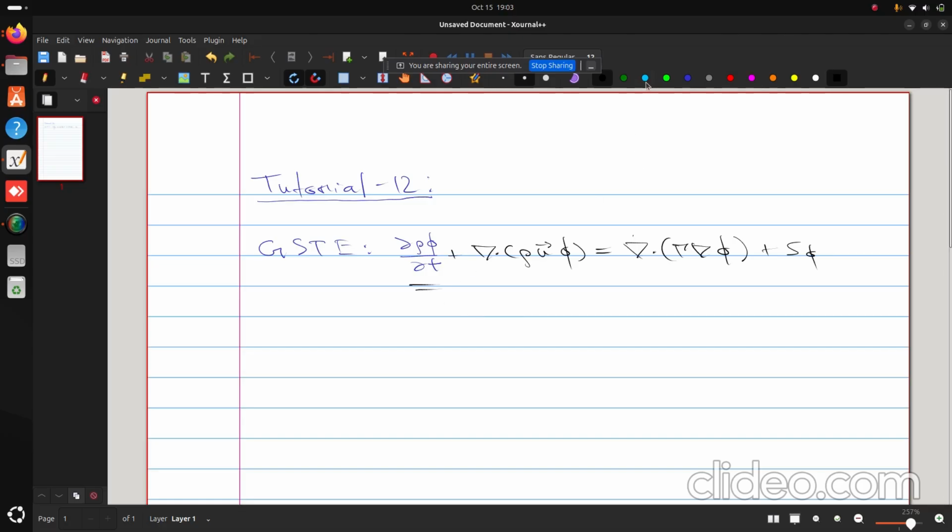So this is the temporal part, this is the convection, diffusion and source, right?